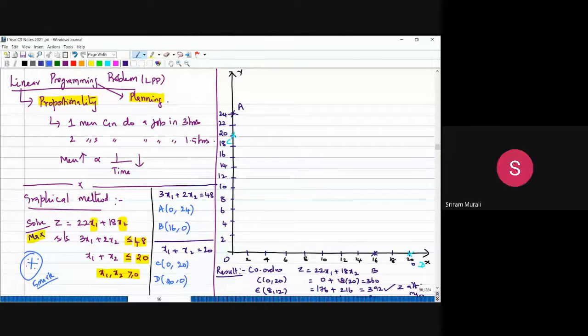So first one, we have to plot this line. First, I should connect A and B. What is A? What is B? A is 24. B is 16. So 24, 16 will be this.